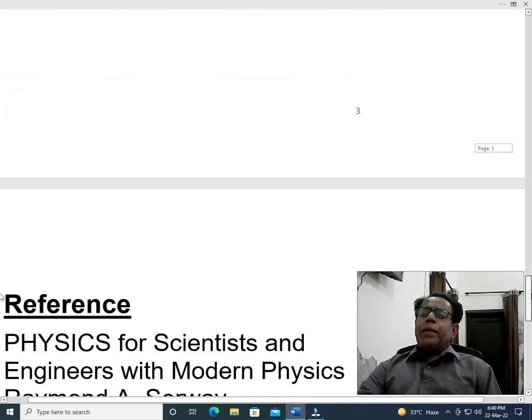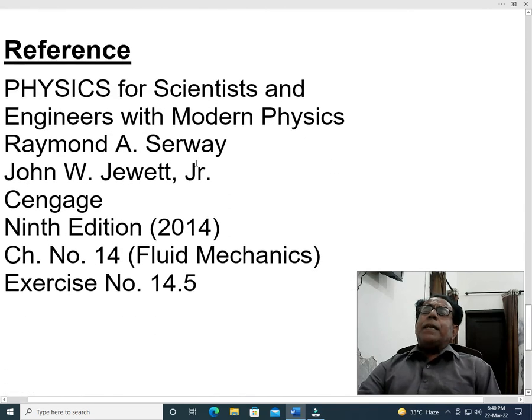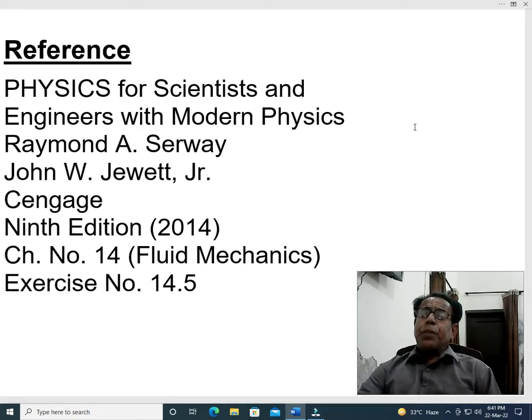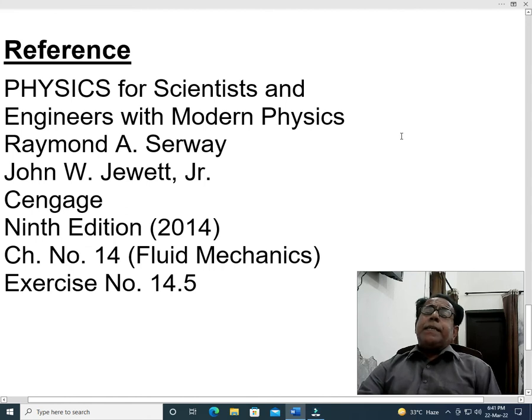Now we come towards the reference book from where this problem has been chosen. The book name is Physics for Scientists and Engineers with Modern Physics. Its authors are Raymond A. Serway and John W. Jewett Jr. Its publisher is Cengage, and its ninth edition, published in 2014, has been adopted.